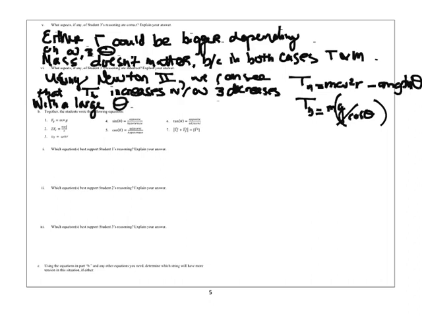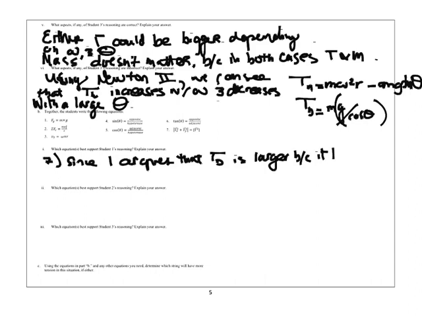Okay, so now in B we have a bunch of equations. Part 1 says which equation best supports student 1's reasoning. Okay, so equation 7 best supports 1's reasoning, since 1 argues that T diagonal is larger because it has 2 components.